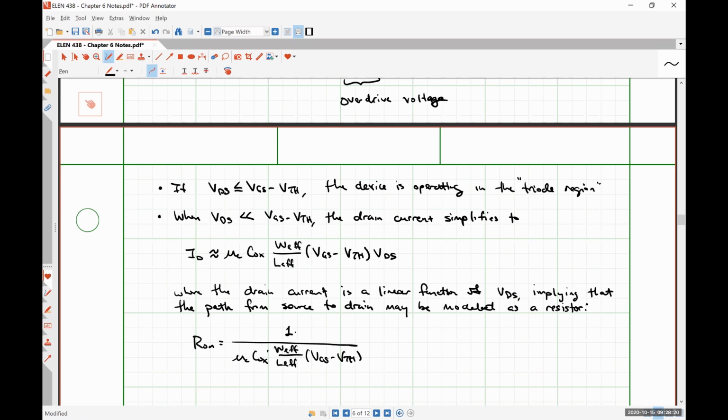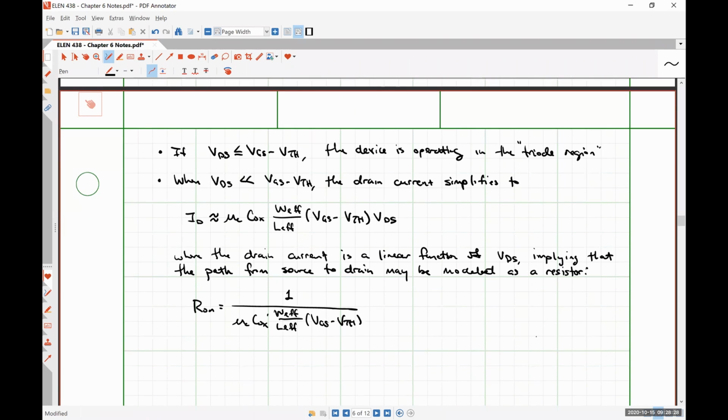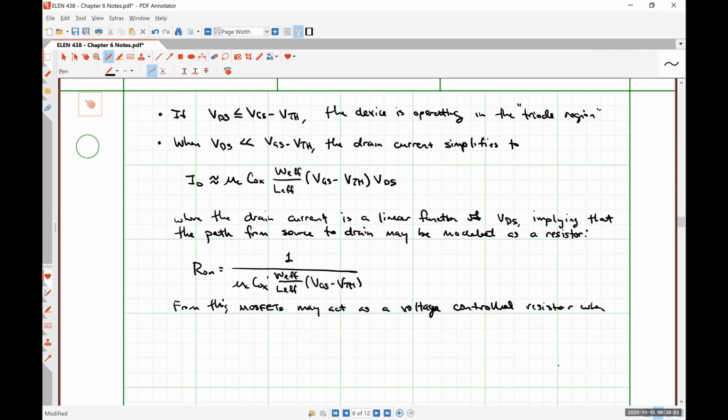It's actually a voltage controlled resistor because it's dependent on the value of the overdrive voltage. Alrighty.